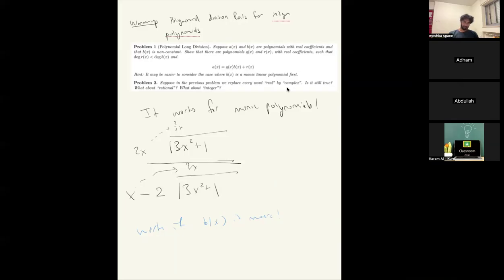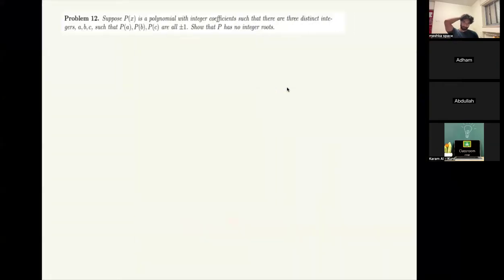So let's see why this is useful. Let's say we have a polynomial p with integer coefficients, and we have three distinct integers a, b, and c, so that p of a, p of b, and p of c are all plus or minus 1.